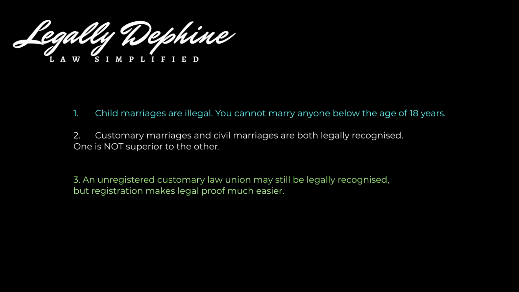Here's a quick recap to those who are still watching and have made it to this point of the video. Number 1, child marriages are illegal. You cannot marry anyone who is below the age of 18 years. Number 2, customary marriages and civil marriages are both legally recognized. One is not superior to the other. Number 3, an unregistered customary law union may still be legally recognized, but registration makes legal proof much easier.